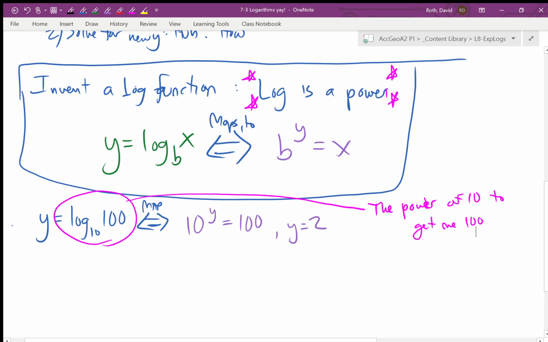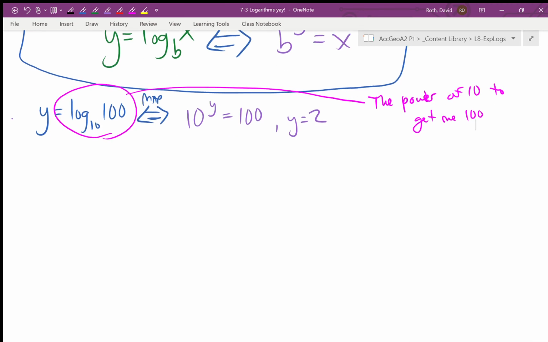Okay, I'm going to write a few more down, and I'll have to write these down before you hit pause, but what will be the log base 10 of 1,000 and the log base 10 of just plain old 10?